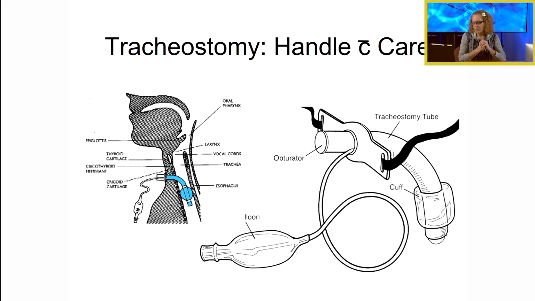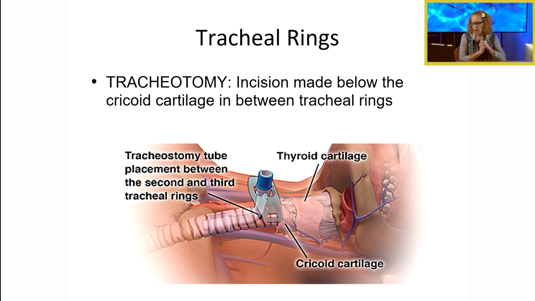And so it's very important that that trach is in the right spot, which is in our trachea, which leads to our lungs. So when this trach is put into place, there's an incision made below the cricoid cartilage in between the tracheal rings.